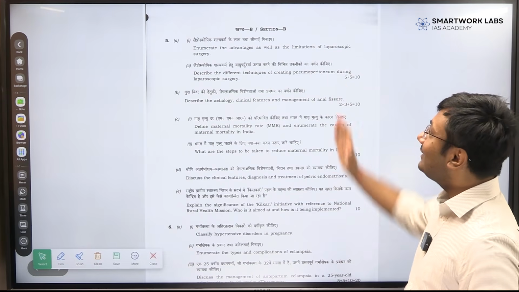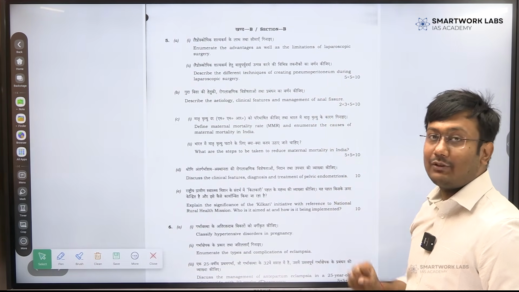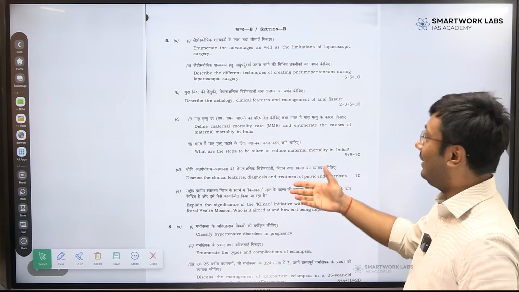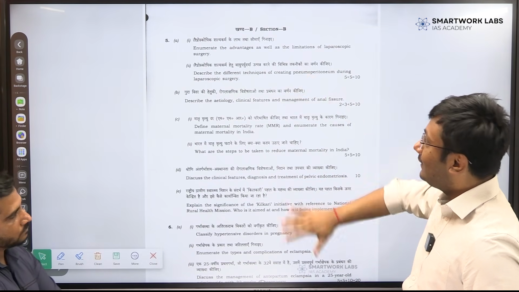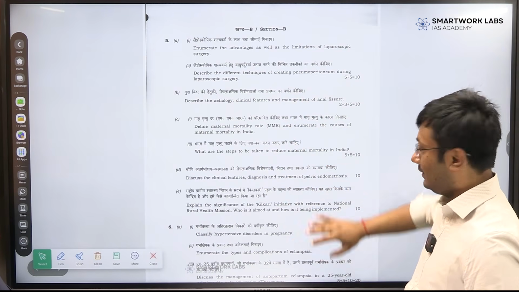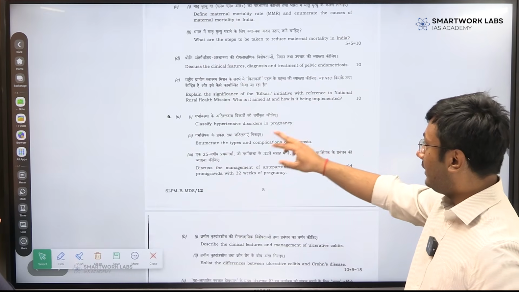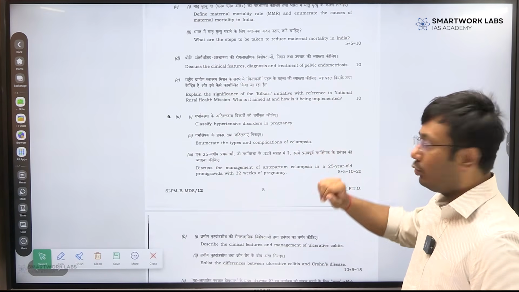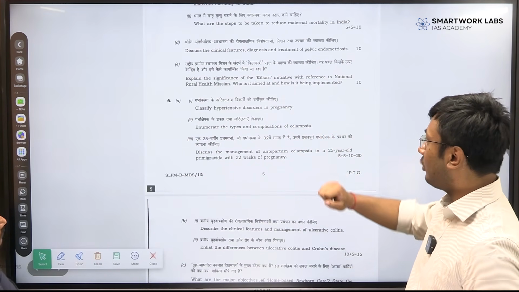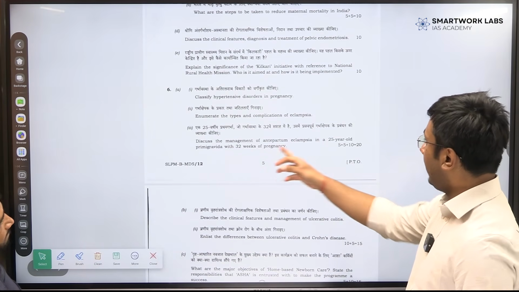So clearly it means that we cannot skip any syllabus, any subtopic of the syllabus or any subject. Like we cannot skip SPM or we cannot skip surgery, because questions in the compulsory sections are being asked from each and every subject. Similarly, we see question number 6. The first question, hypertensive disorder in pregnancy related to OBG: eclampsia, complications, types of high-risk pregnancy.